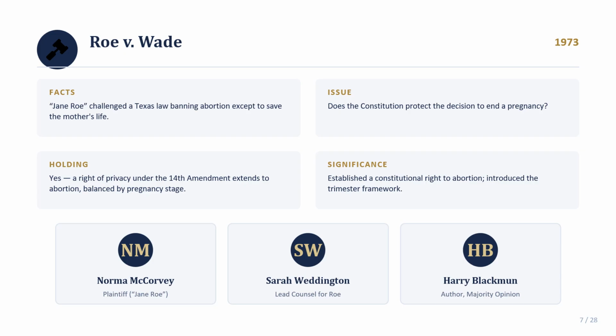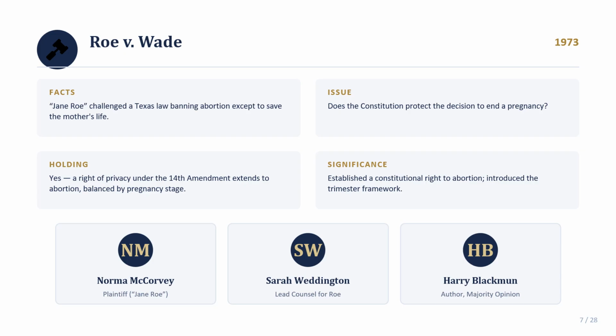The holding was yes. A right of privacy under the 14th Amendment extends to the abortion decision, but that right is not absolute. It's balanced against the state's interest, and that balance shifts as pregnancy progresses. That's worth sitting with for a moment because it's a genuinely nuanced holding.